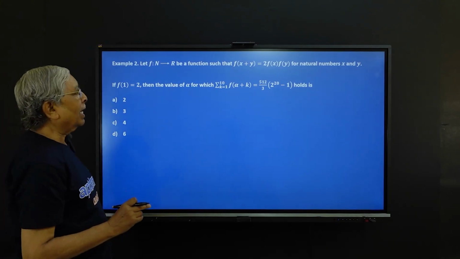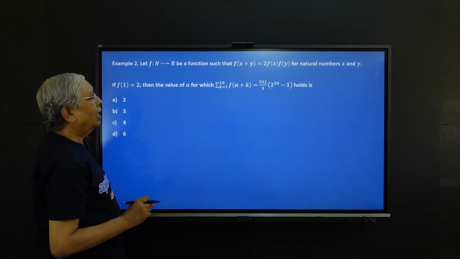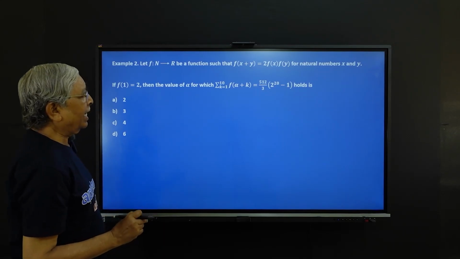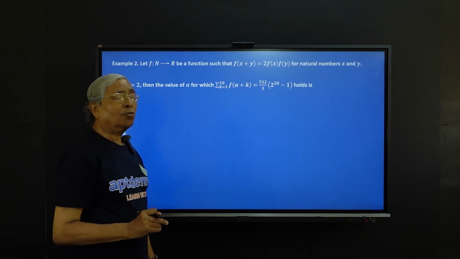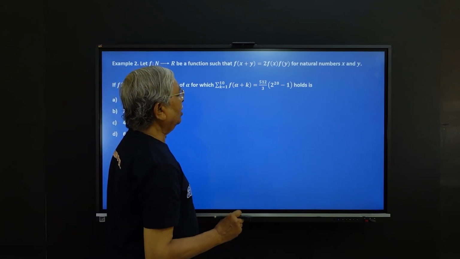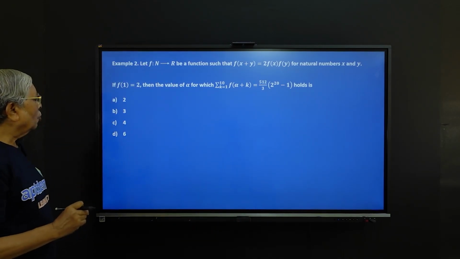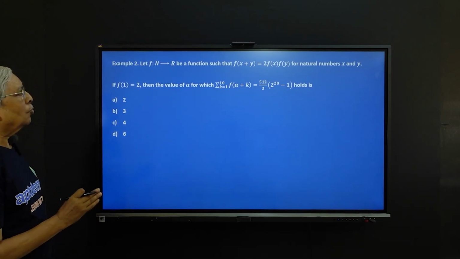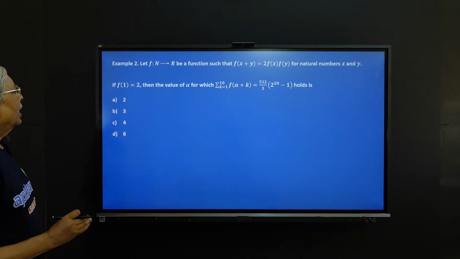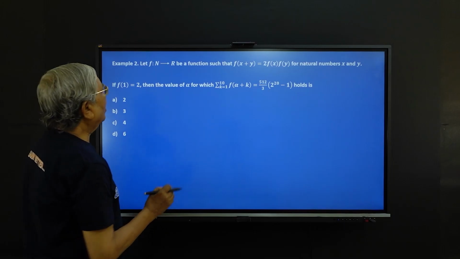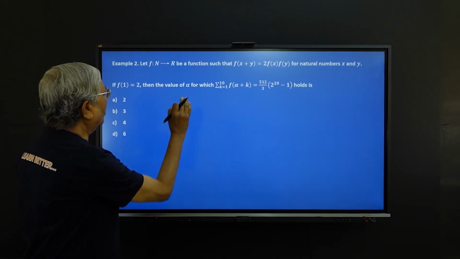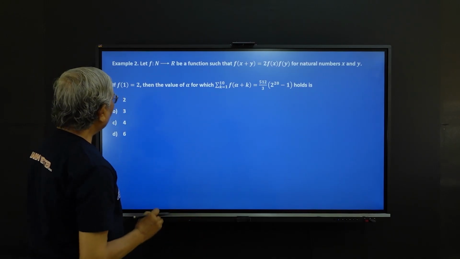Then the value of the sum over k equals 1 to 10 of f(alpha plus k) equals 512 by 3 times (2 to the power 20 minus 1). The four options given are 2, 3, 4 and 6. So we have to find the value of alpha.